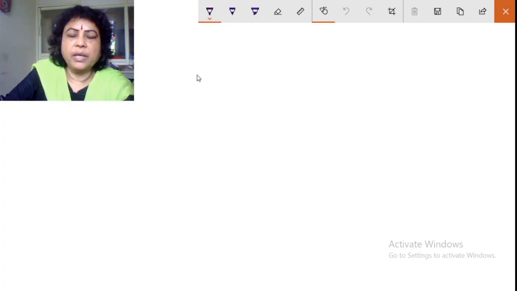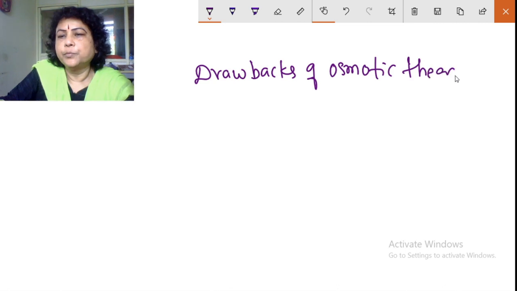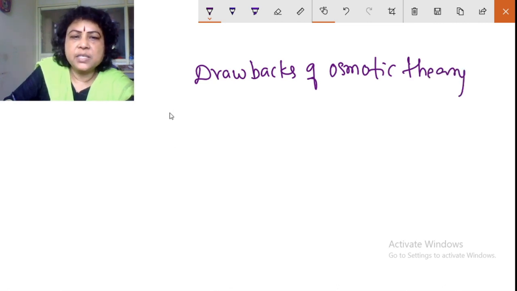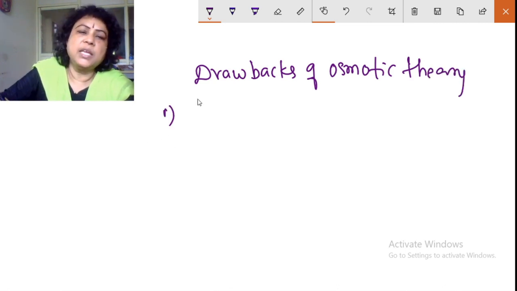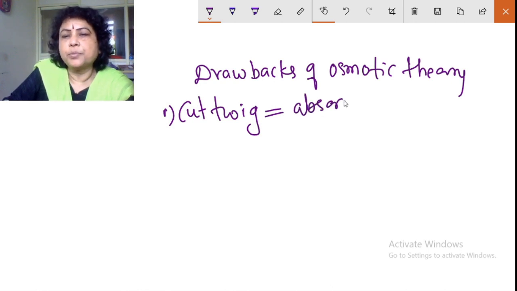Okay students, now we are going to discuss the drawbacks of the osmotic theory. Okay, so the first drawback of this theory is that a cut twig of the plant, when we place it in water, shows absorption.